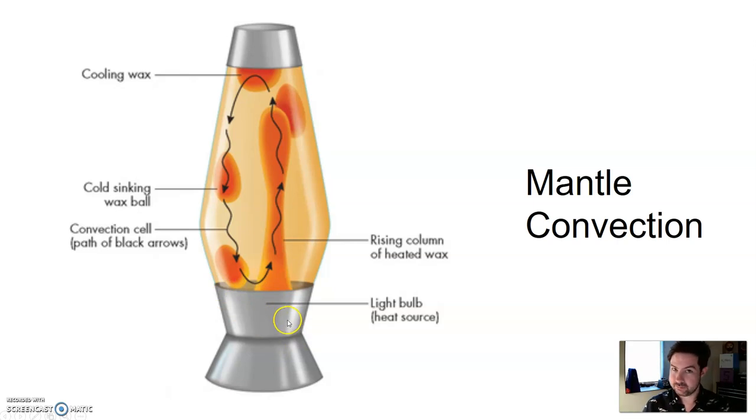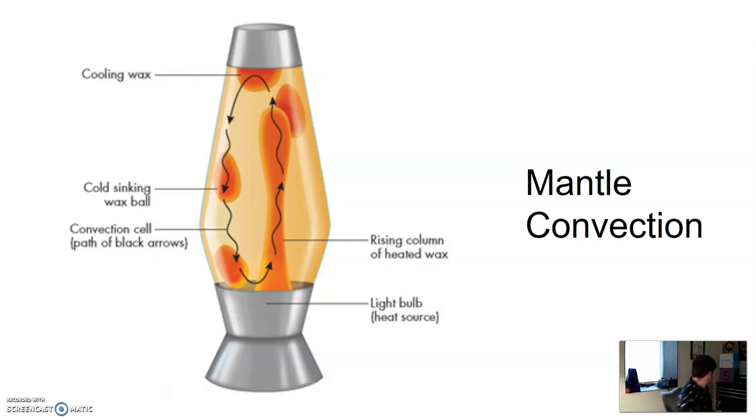So you need one of those old school hot light bulbs. It provides heat. That heat heats up the material in the lava lamp, so it becomes less dense and begins to rise, and as it gets further away from the heat source, it cools down, and as it cools down, it sinks. This forms something called a convection cell, and it's a model of, again, mantle convection.